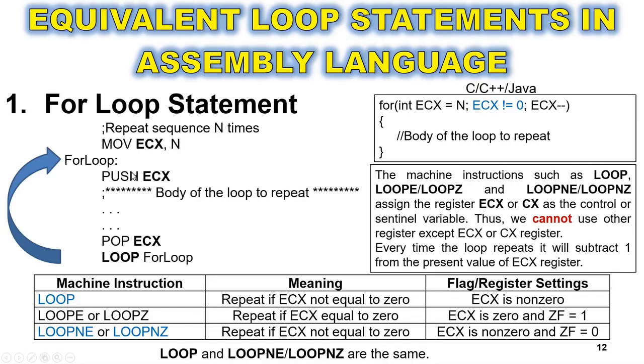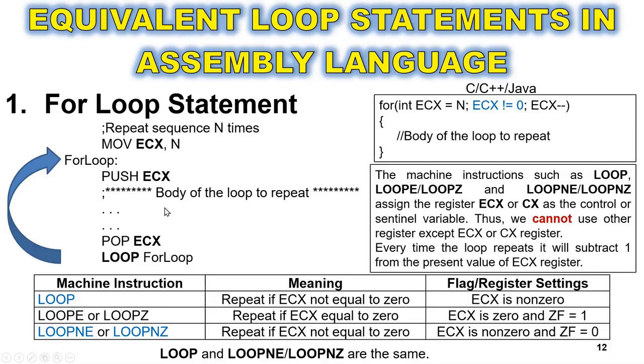After that comes the body of the for loop, which will be repeatedly executed by the CPU. When we go inside the body of the for loop, we need to push the value of ECX, and later we pop the value of ECX when we are done with our code inside the body, so that we can preserve the contents of ECX.